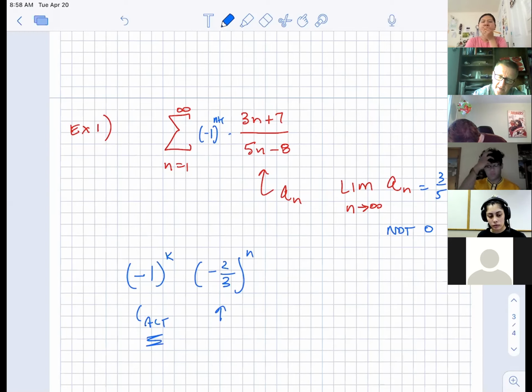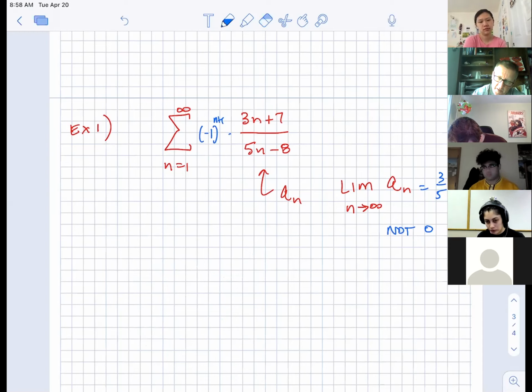So it feels as though that rule is a technicality. For instance, in this example, when I pick n as 1, does it make sense that the denominator 5 times 1 is 5, and 5 minus 8 is a negative number? So you're going to get a negative number down there, but that only happens at the first. And then once n is 2, all of a sudden that number will be positive from then on.